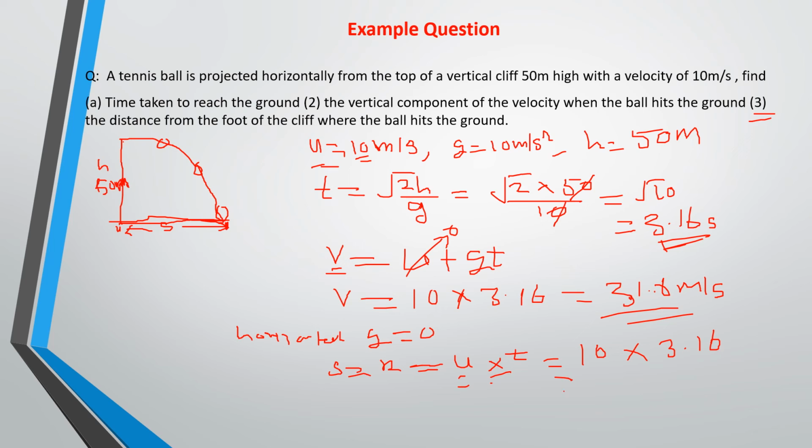If you multiply that, you have 31.6 meters. So this gives you the distance from the foot of the cliff, or the range. So just see how the equations are applied, so that when you are solving your own, you find it easy to solve your own problem, right?